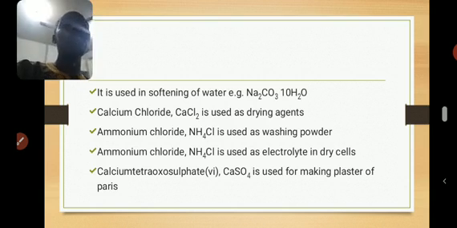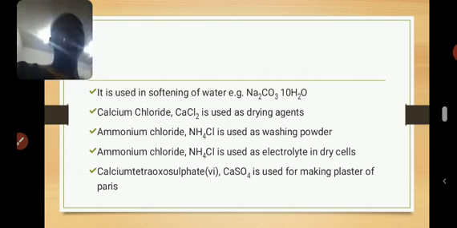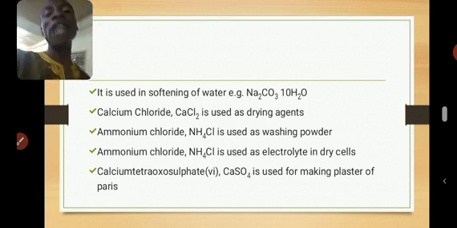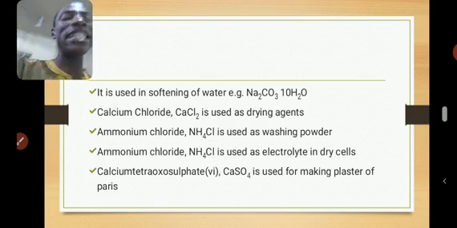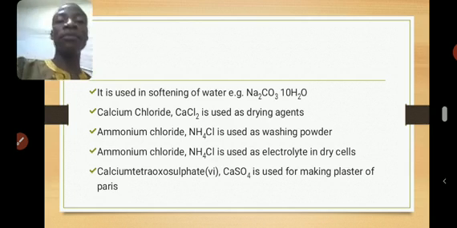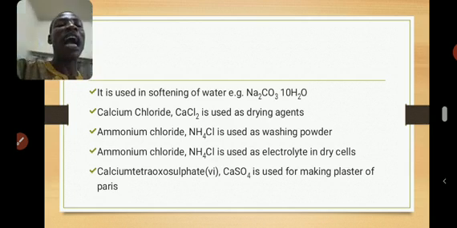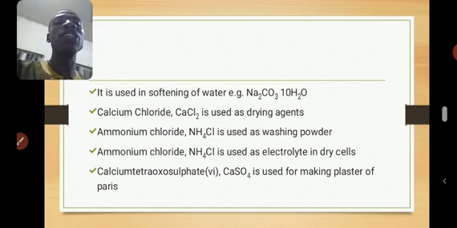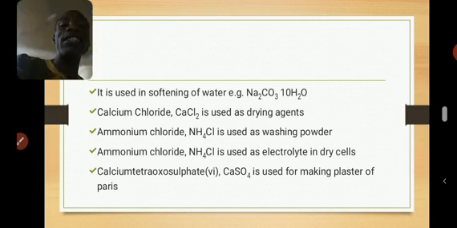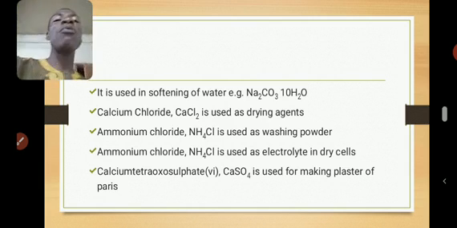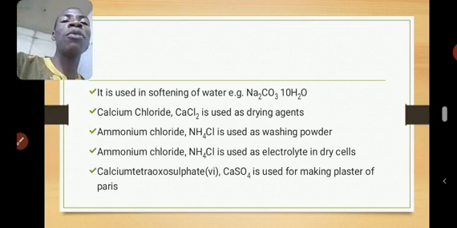Ammonium chloride is used as washing powder. And ammonium chloride is also used as electrolyte in dry cells. We'll see electrolyte in dry cell when we get to electrolysis very soon. Calcium sulfate, CaSO4, is used for making plaster of Paris, POP. When you play football and then you break your hand, they put POP on your hand.